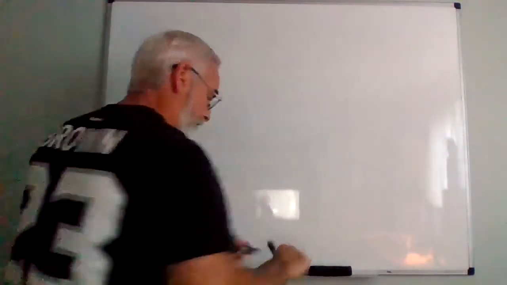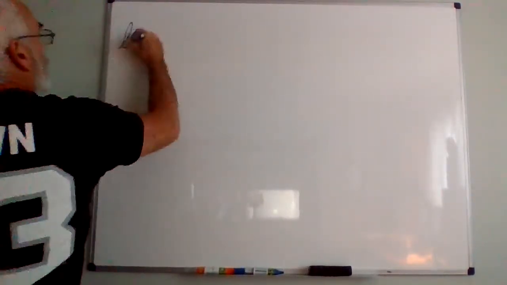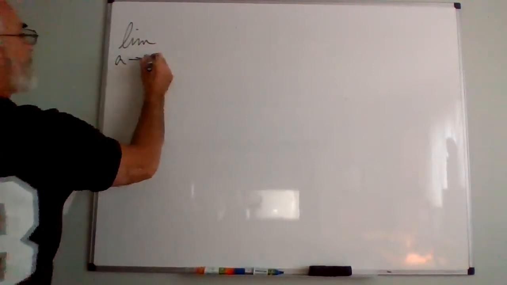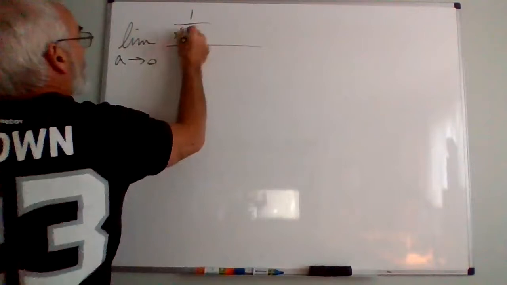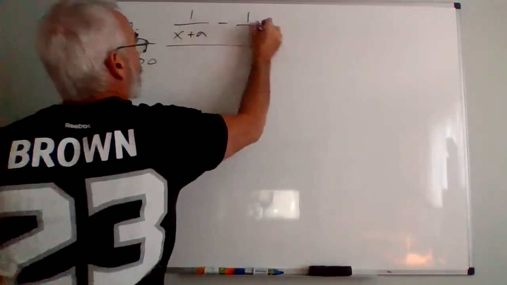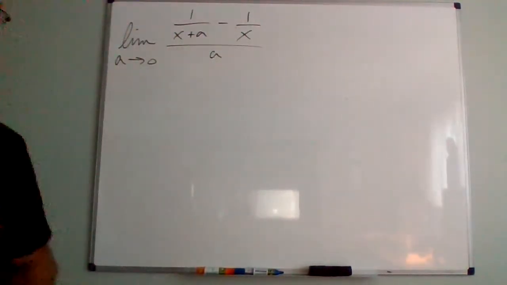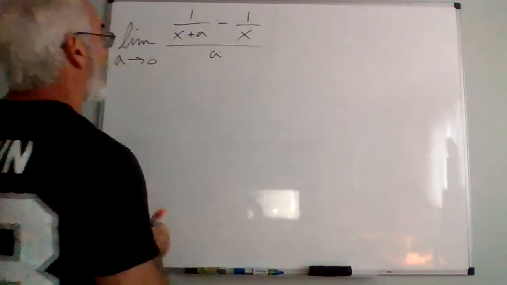Now let's continue. Next one. Algebraically, this is probably one of the more challenging ones. The limit as a approaches 0 of 1 over x plus a minus 1 over x, all over a. And again, we see this common theme of an indeterminate form.